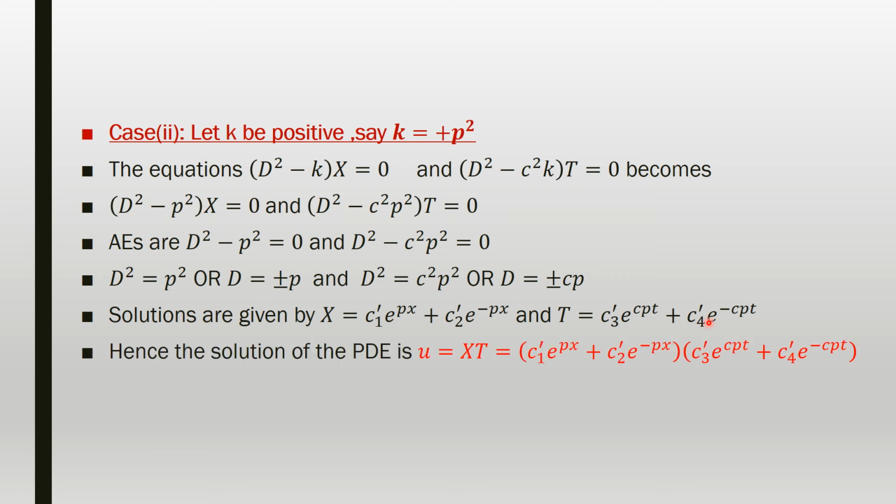Now we have assumed the solution for this given wave equation is u equal to XT. So we substitute the expressions we got: u equals c1 dash e power px plus c2 dash e power minus px, into c3 dash e power cpt plus c4 dash e power minus cpt. This is the case whenever k is positive.